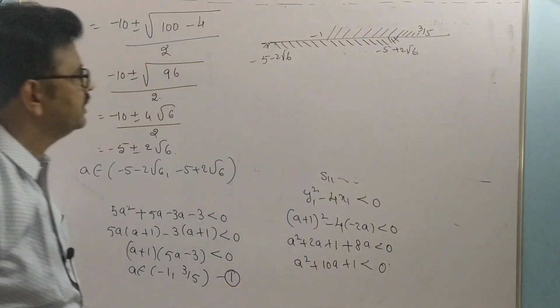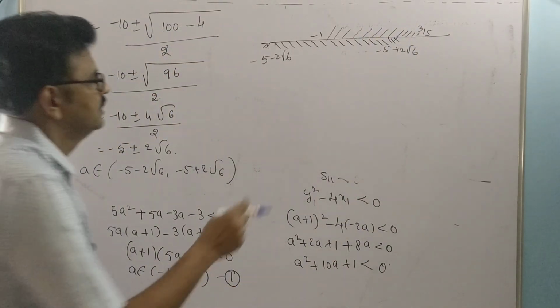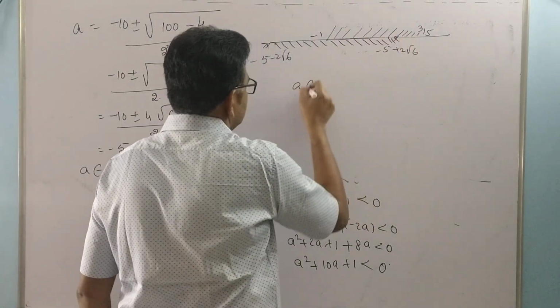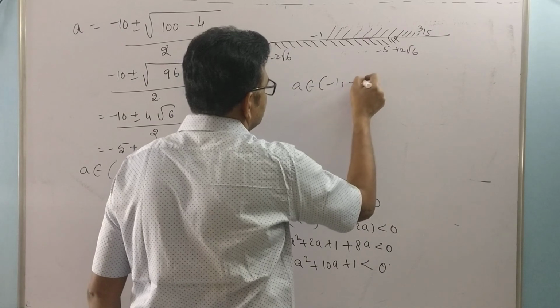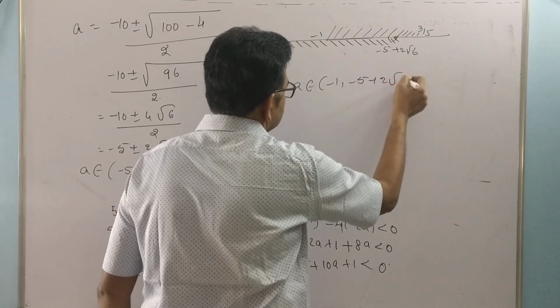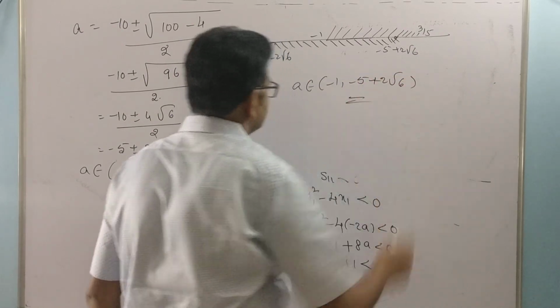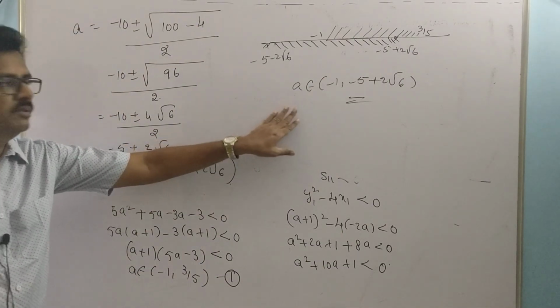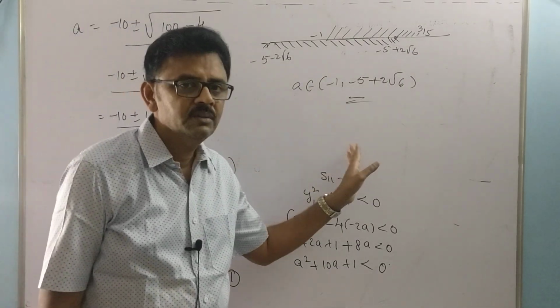Now the common part is from -1 up to this point. So a belongs to (-1, -5 + 2√6). Okay, this is the range of values of a. Okay, thank you.